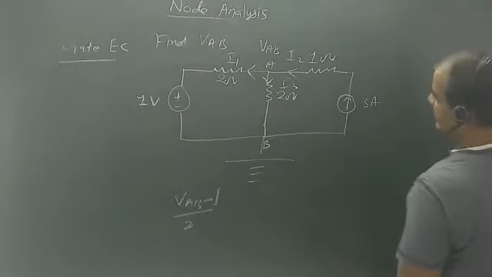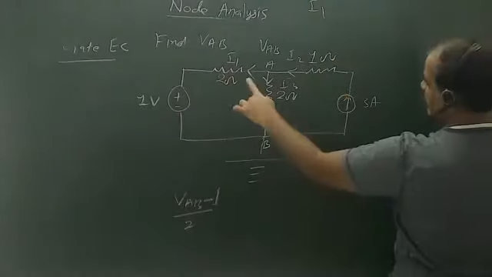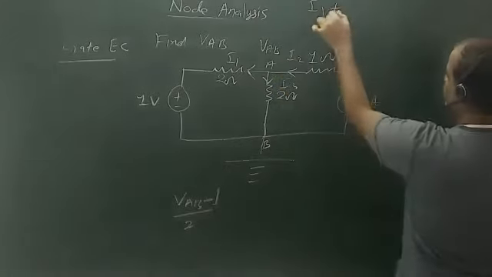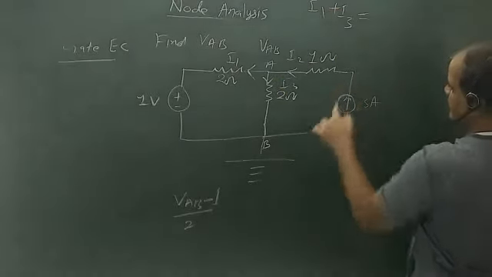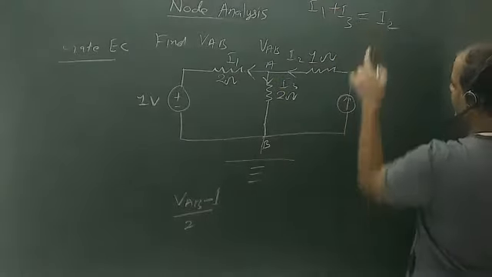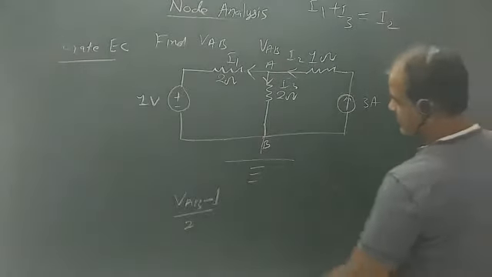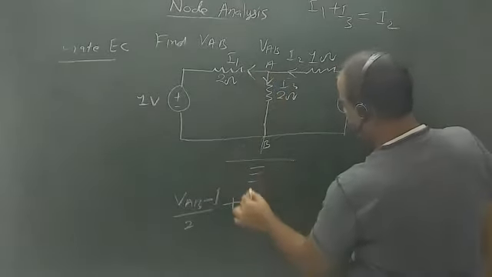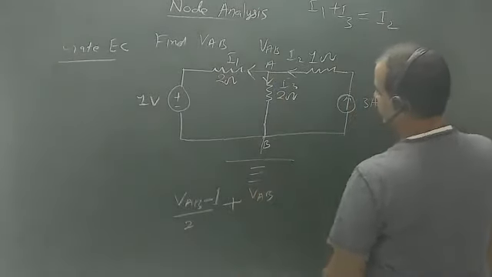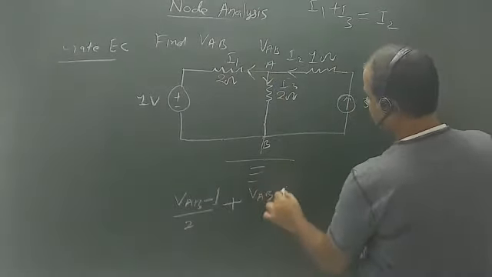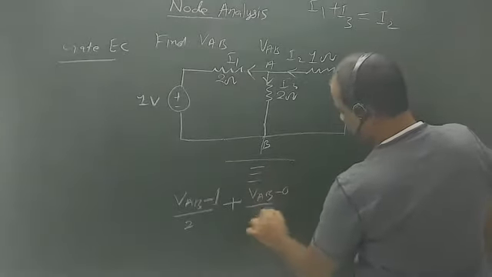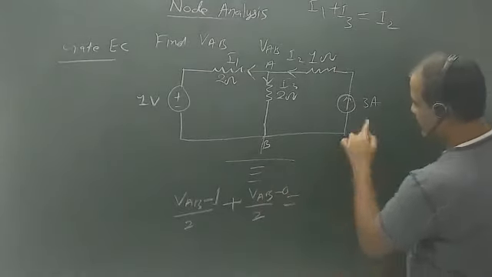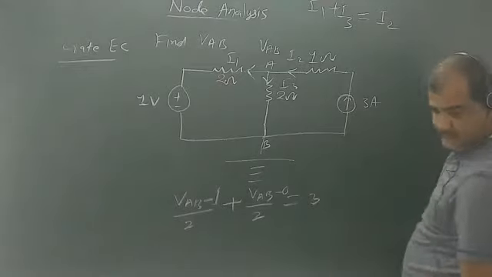I can write I1 outgoing, I3 outgoing equal to I2, and I2 is 3 ampere, already given. So I can write VAB minus 0 divided by 2. This is outgoing current, and the incoming current is only 3 ampere.